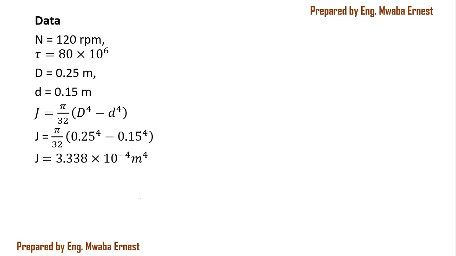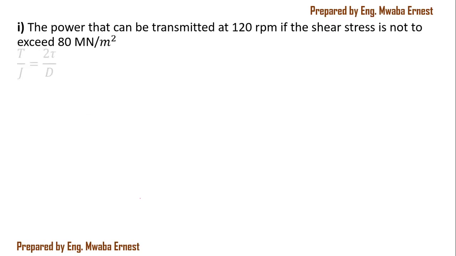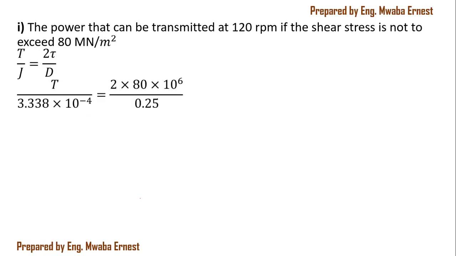From there, our answer becomes 3.338 times 10 power negative 4. Then we can do the substitution. We have T over J, which is 3.338 by 10 power negative 4, being equal to 2 times the shear stress, which is 80 times 10 power 6, over the diameter. We're using the outer one, it's 0.25.